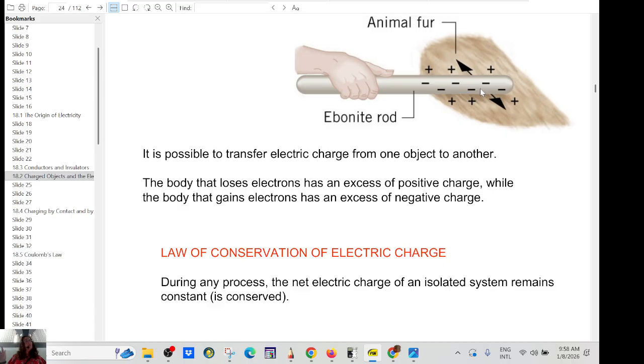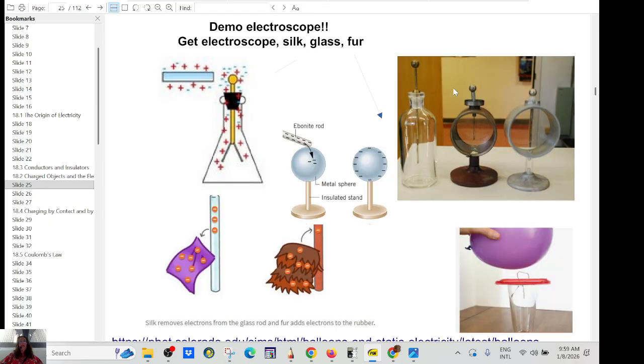With fur and rubber, or a balloon, the balloon takes the electrons from the hair. But with glass and silk, silk takes the electron. So there is a hierarchy, and engineers make special tables to know which one will take the electrons and which one will give them away. That's a good question.